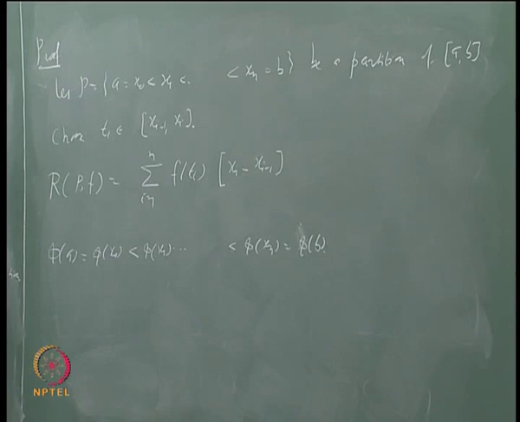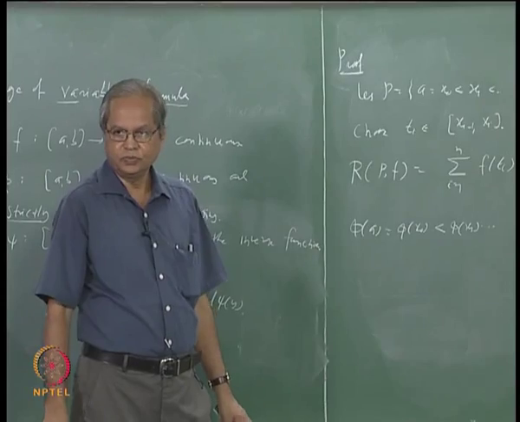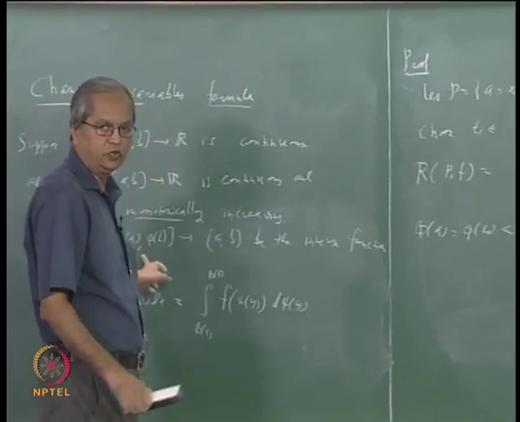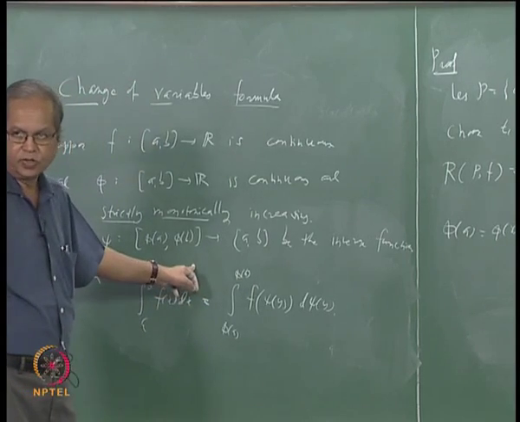What is the meaning of this? It means that phi(x0), phi(x1), etc., is a partition of the interval phi(a) to phi(b), right?